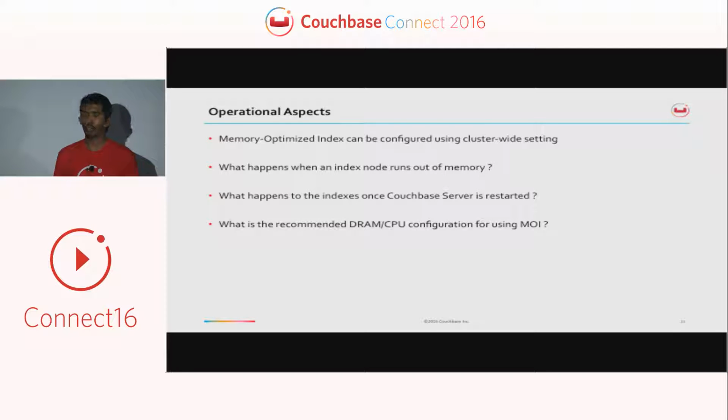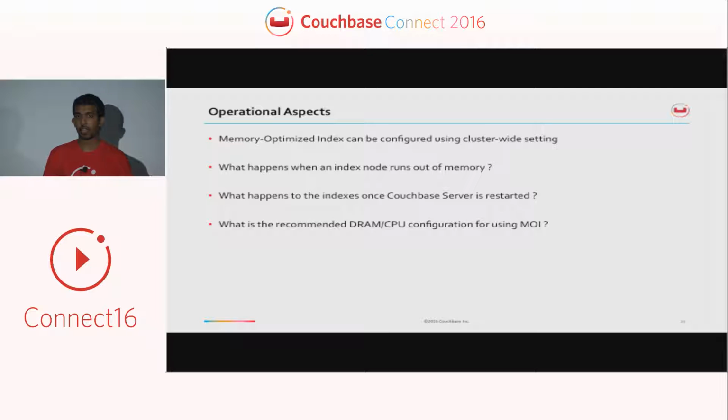You also get some alerts in the Couchbase UI or through REST endpoints, and you can go and remove some of the indexes and relocate them to other index nodes. So that index node becomes unpaused again and resumes its operations. Once you restart Couchbase Server, since we do backups on disk or SSDs, it can recover pretty quickly as well.